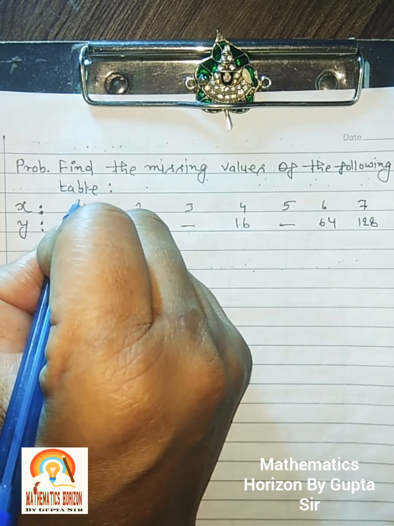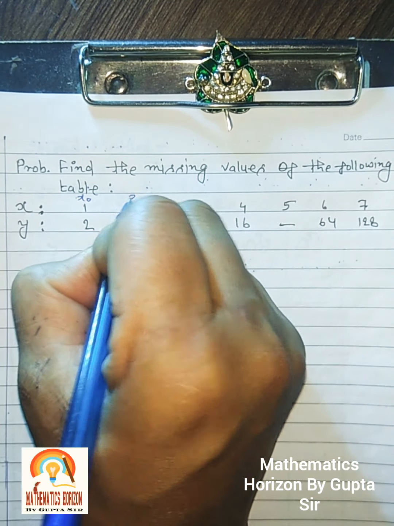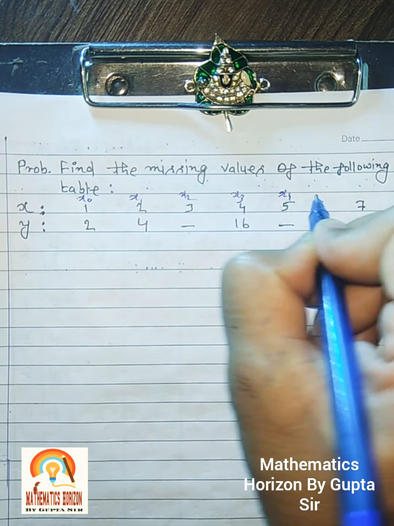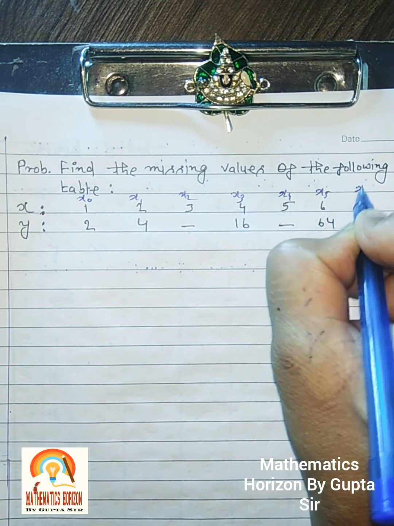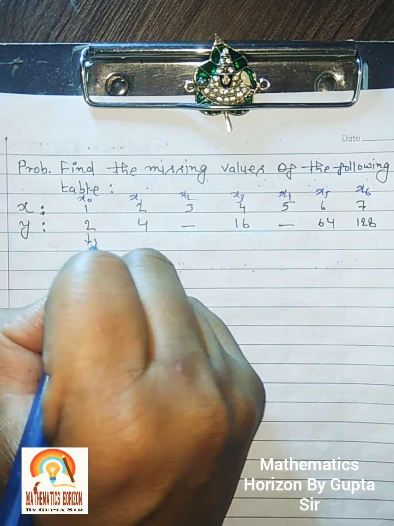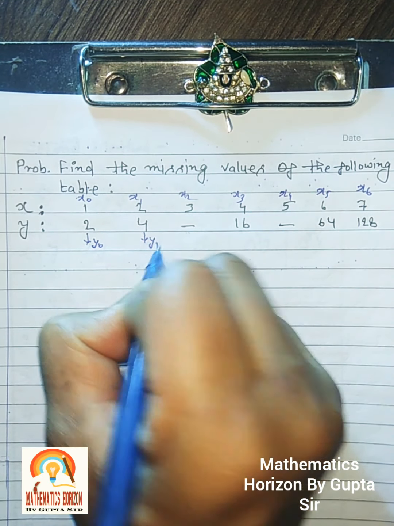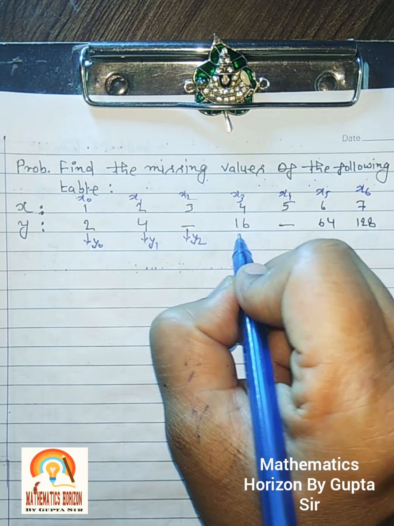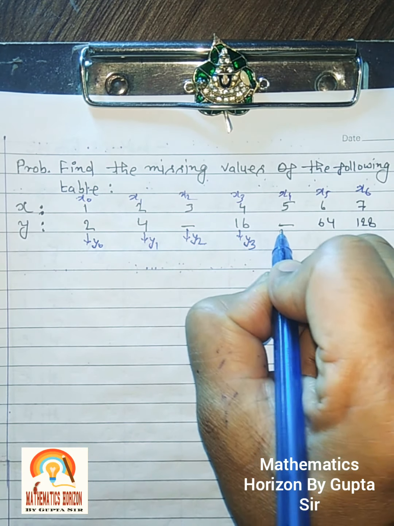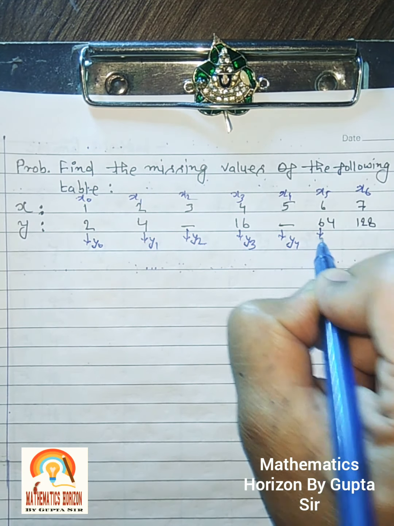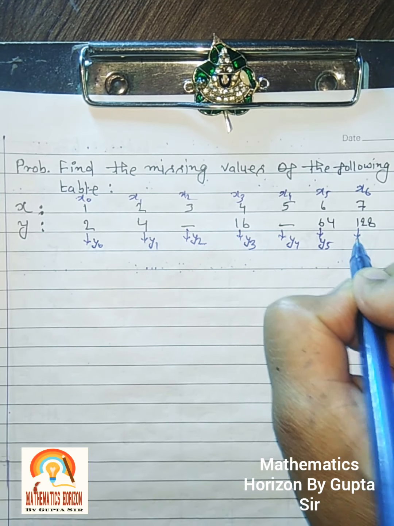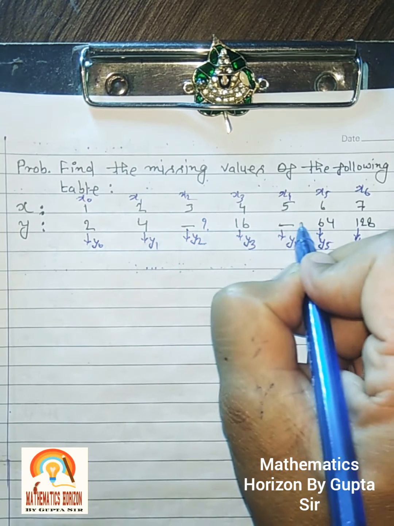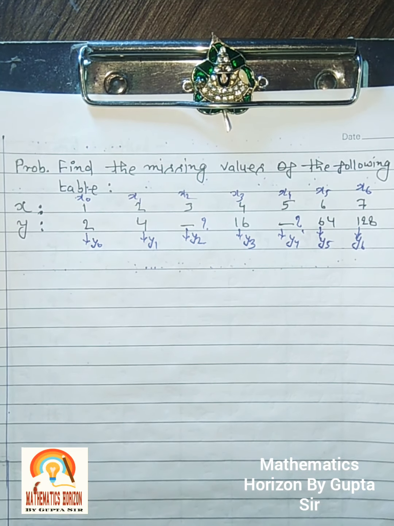This is x0, x1, x2, x3, x4, x5, x6, and this is the corresponding value of y0, y1, and this is unknown term y2, this is y3, y4, y5, and this is y6. Here these two terms are unknown.